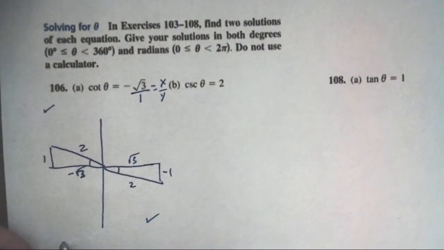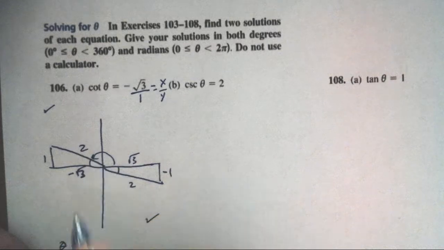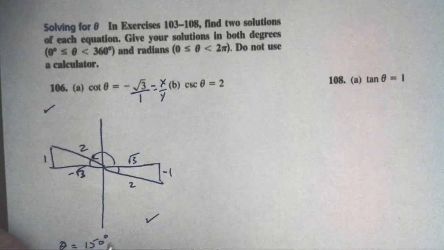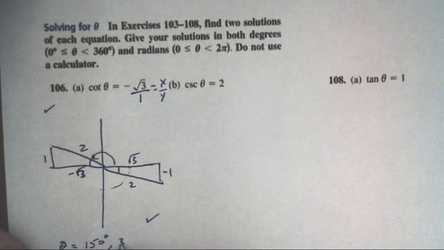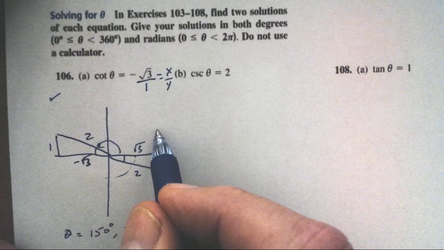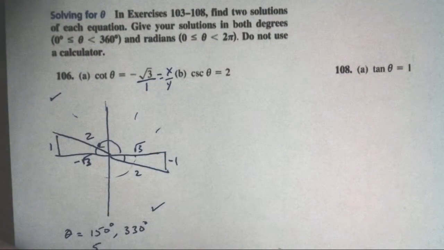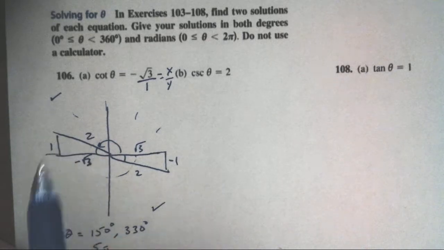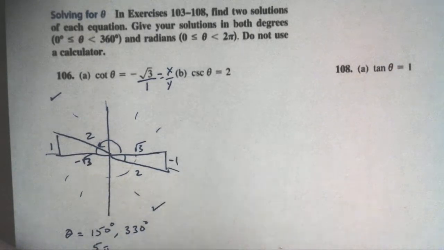So in degrees, theta is 30 short of 180, 150, and 30 short of 360, 330 degrees. In radians, those are tick marks of 1, 2, 3, 4, 5 sixths pi, 6, 7, 8, 9, 10, 11 sixths pi, or 1 short of 12 sixths pi.